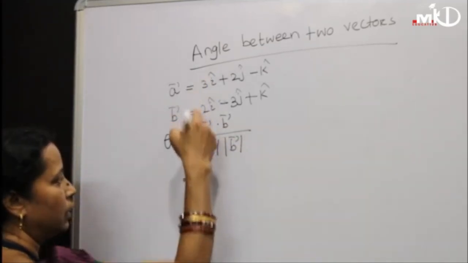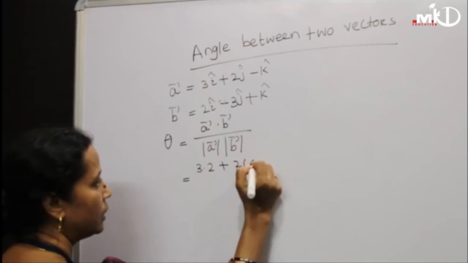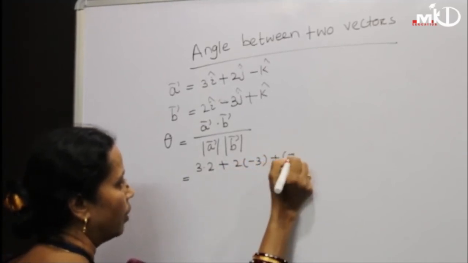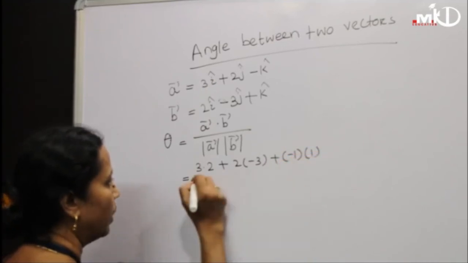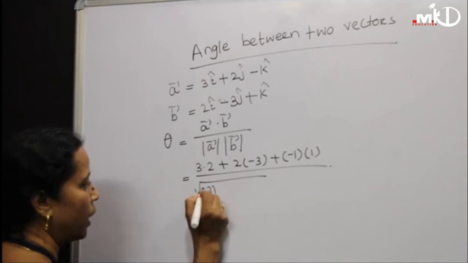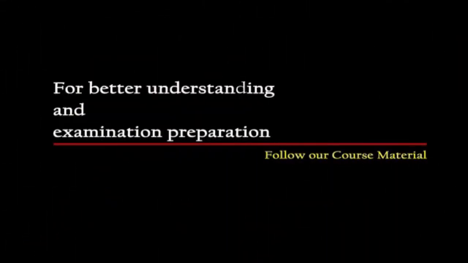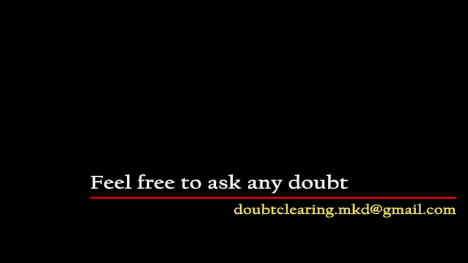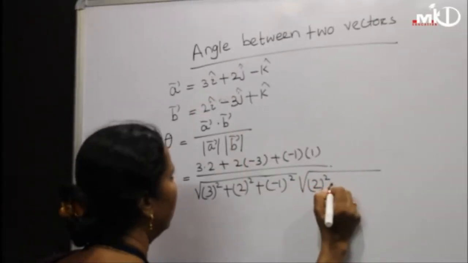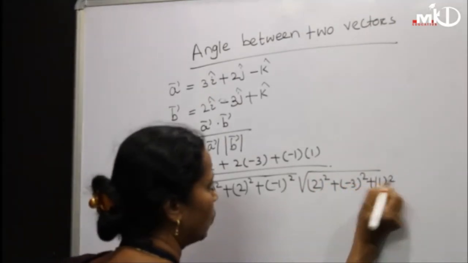So it is 3 into 2, the dot product, 2 into minus 3, minus 1 into 1, by the modulus of A bar, that is 3 square plus 2 square plus minus 1 square, into the modulus of vector B, that is 2 square plus minus 3 square plus 1 square.